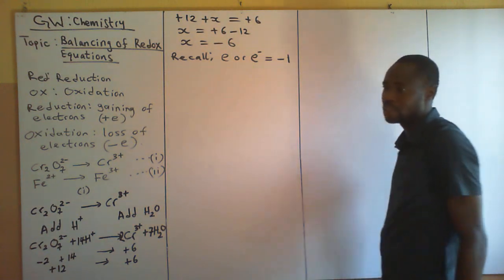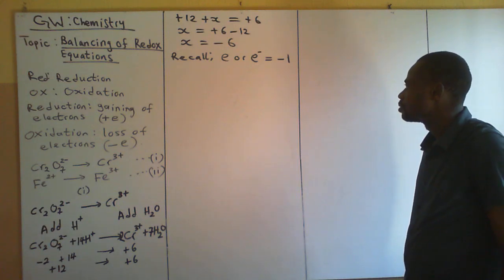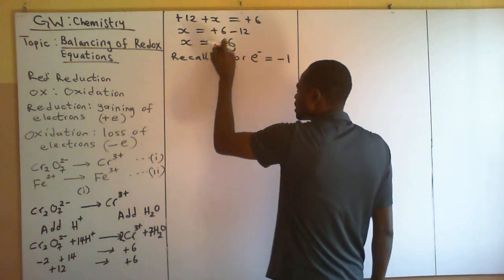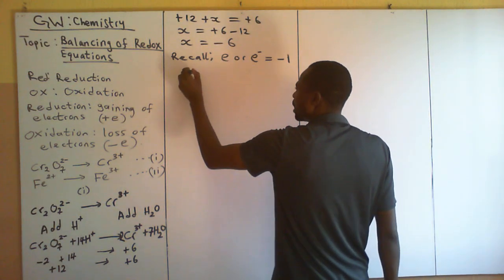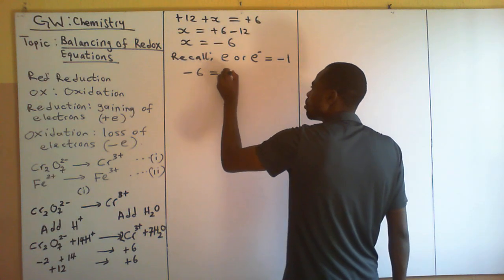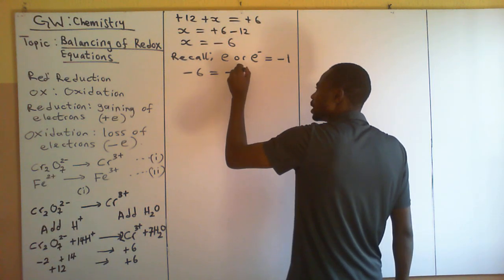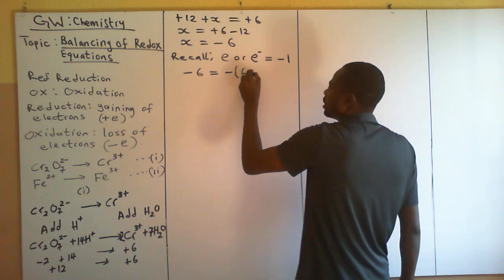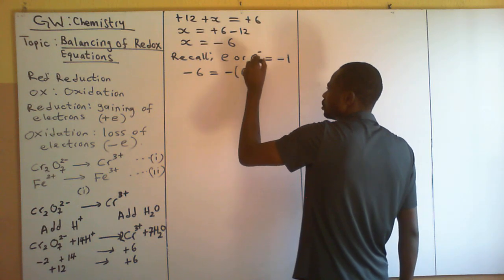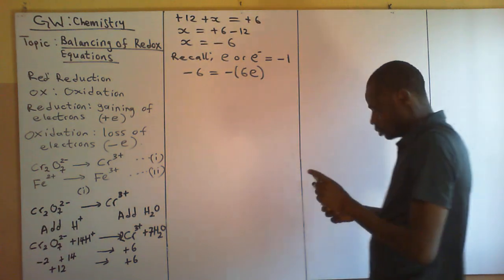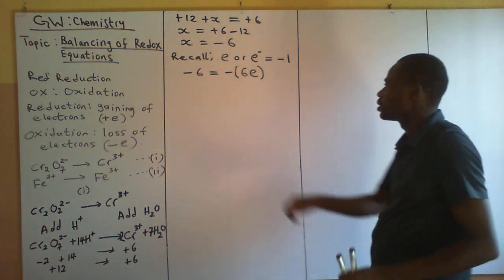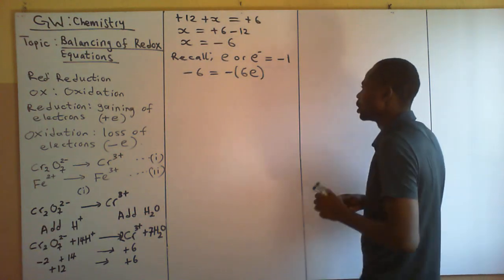It simply represents minus 1. And if we are to represent 6 now, it's going to be minus 6 equals minus, open bracket, 6E. This is how to represent it.